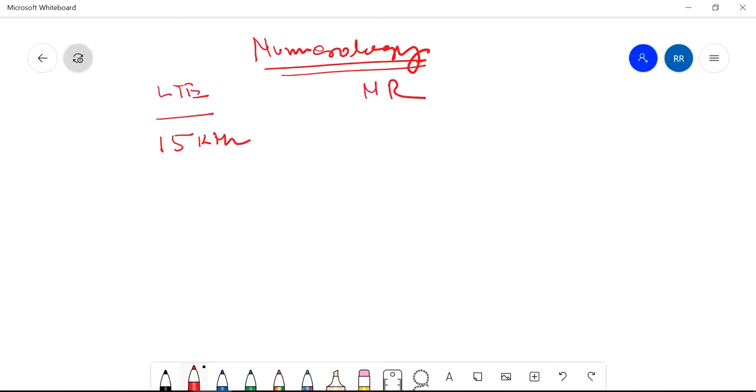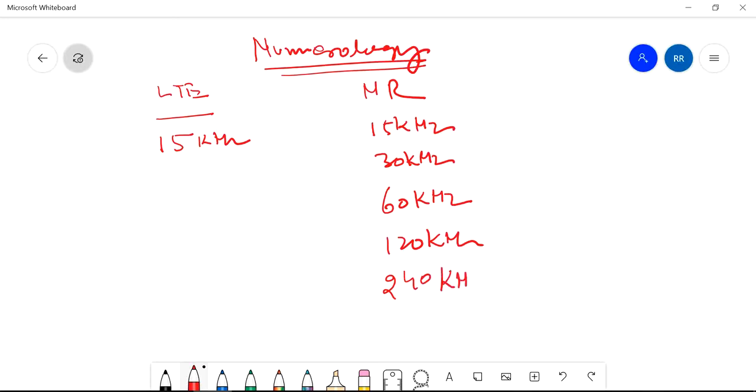So that is numerology. It may be 15 kilohertz, 30 kilohertz, 60 kilohertz, 120 kilohertz, right? So these are the subcarrier spacings that are possible: 15, 30, 60, 120, and I think 240 is also possible. Not sure about that. So these are the subcarrier spacings.